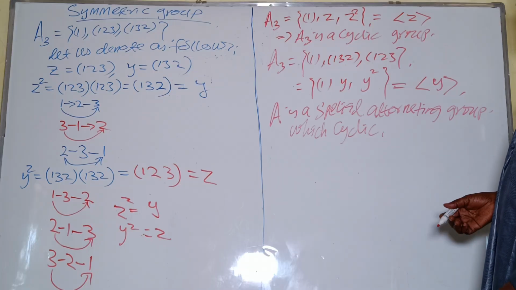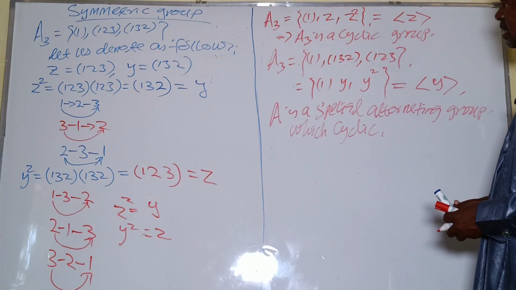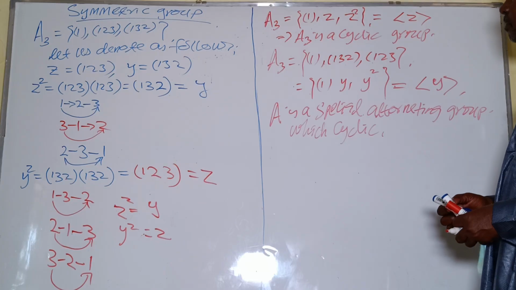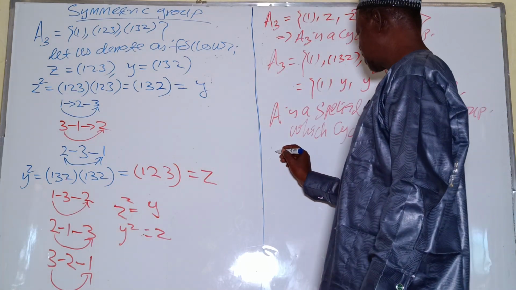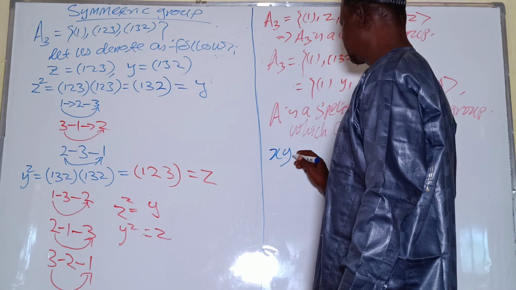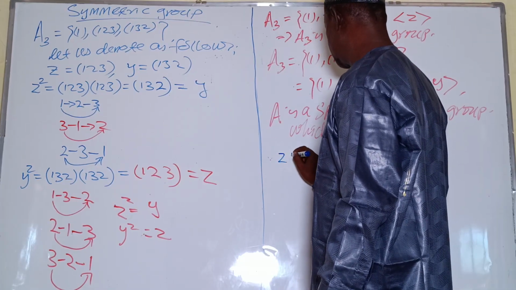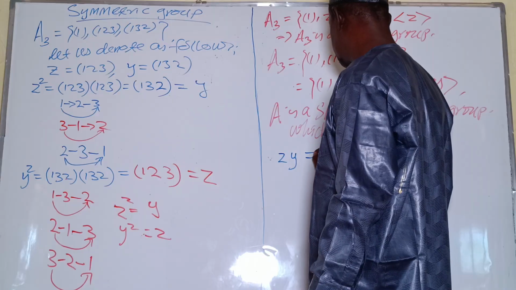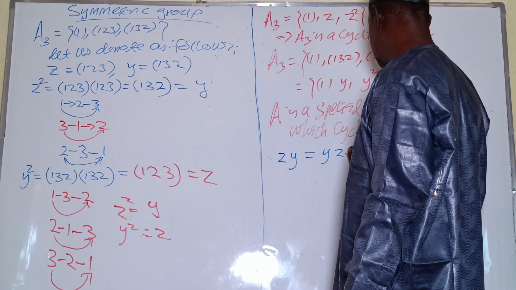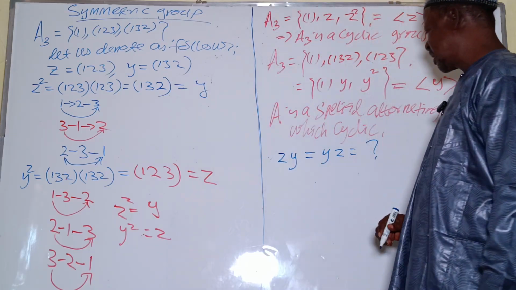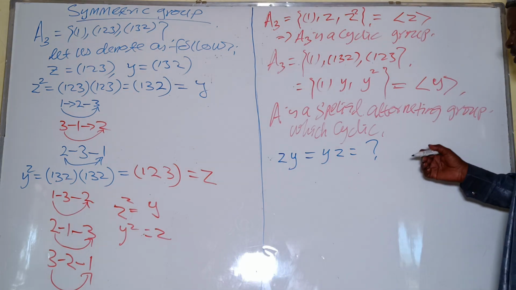Now, we can also test another property of this A3. Is it commutative? For example, what if I have ZY, is it the same as YZ? You can test this. What is ZY?